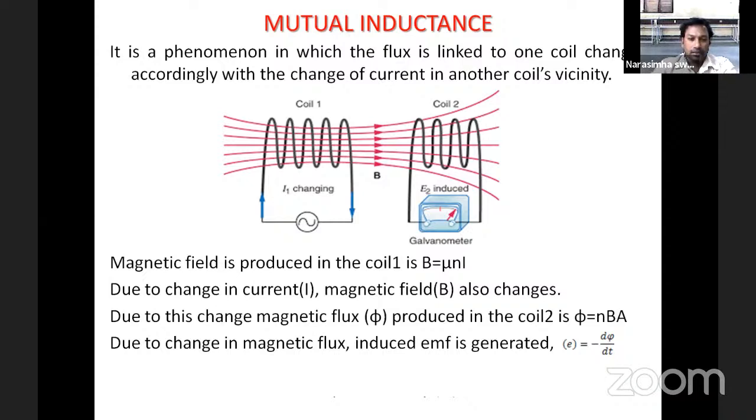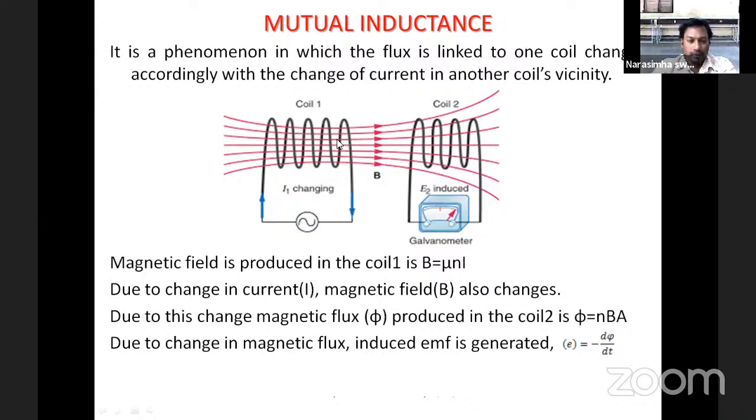Look at this: coil one is connected to a power supply, an AC source. The current is flowing in this direction through the coil.